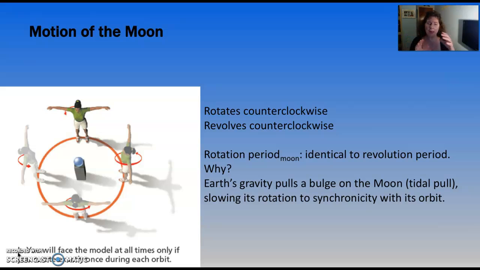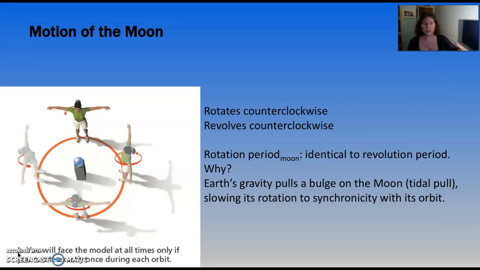This moon of ours rotates counterclockwise and it revolves counterclockwise as well. The rotation period has become identical to the revolution period. It was not always that way, and it's called a tidal pull because the earth effectively pulls a tide, not of water, but a tide of mass on the moon.